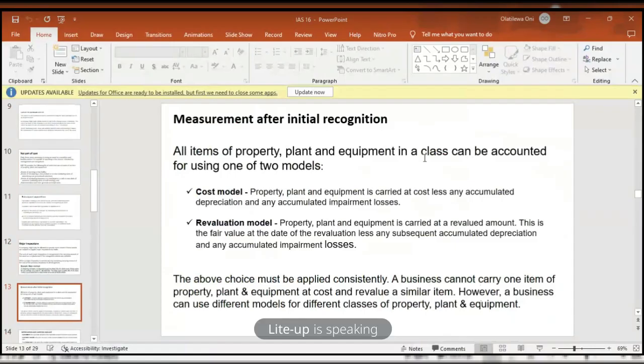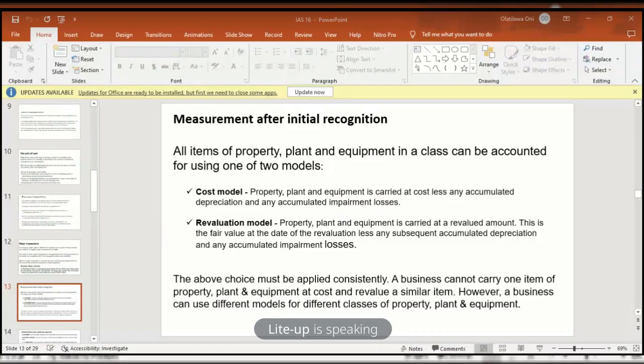So we talked about how we do subsequent measurement of an item of PPE. There are two models used in dealing with that issue. We have the cost model.